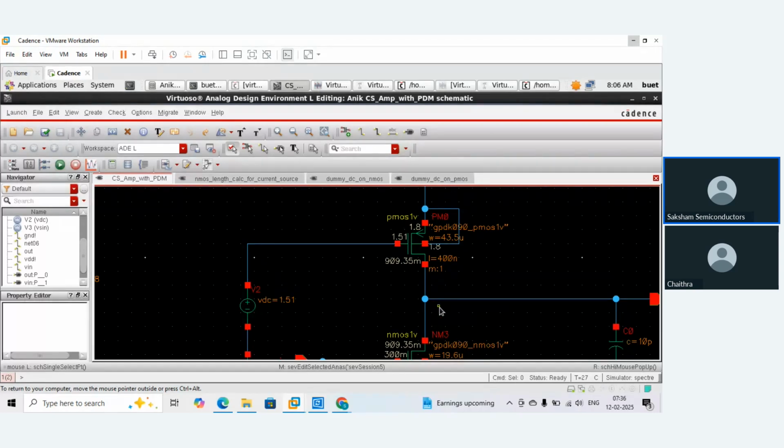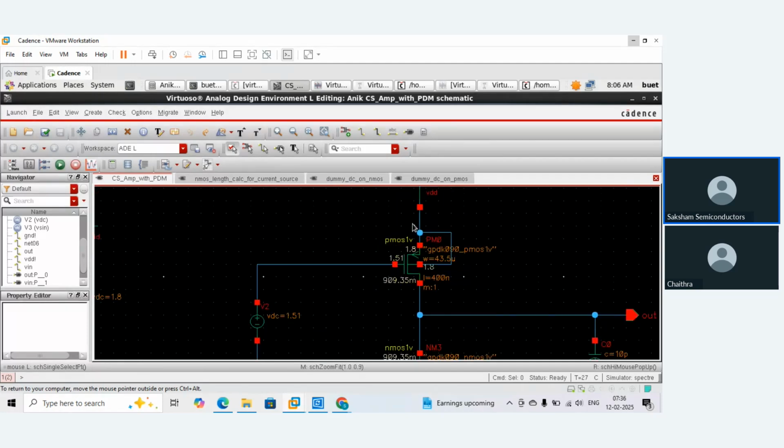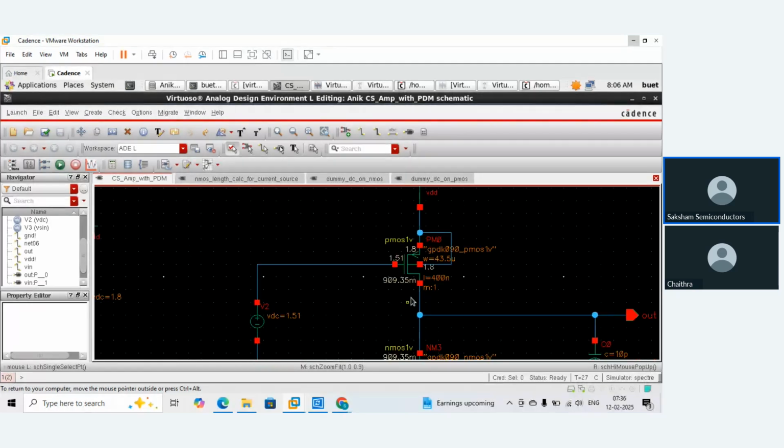So I can say that this method is perfectly working fine as a potential divider method. That's what I wanted to check with a dummy DC analysis, and I checked. Here you see my VDD is 1.8, half of that would be 900 milli, which is close to 909 millivolts. So it is working as a potential divider.